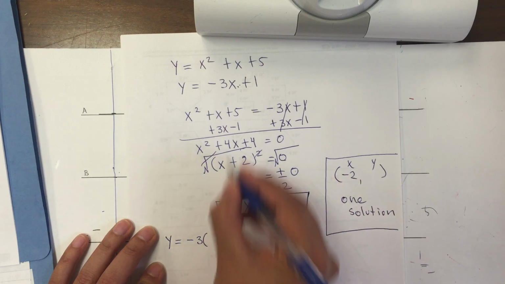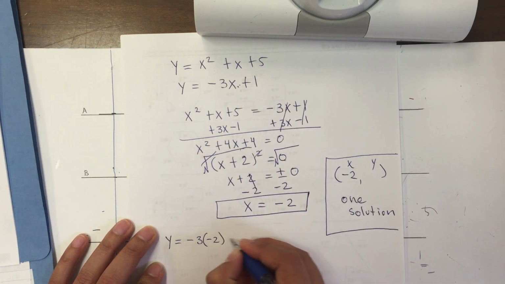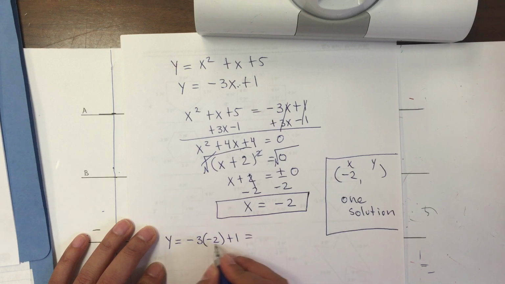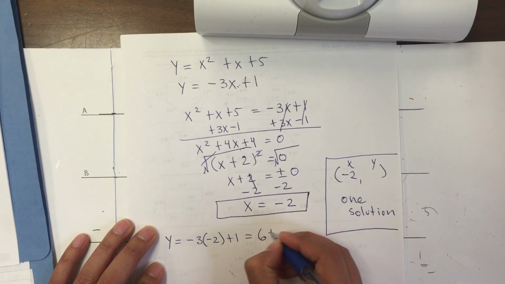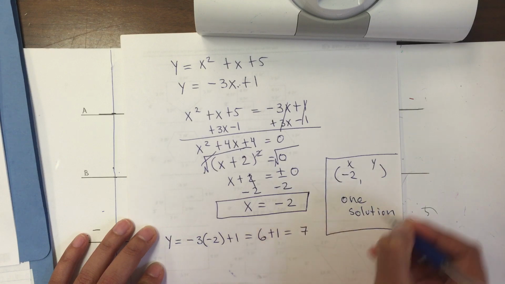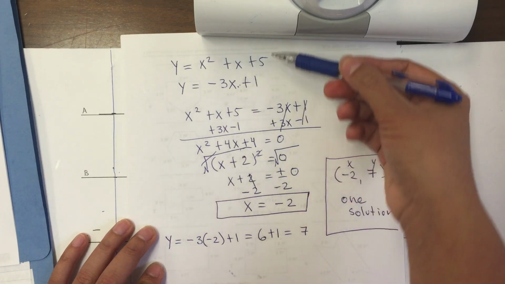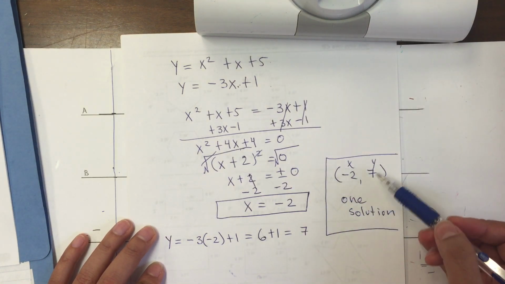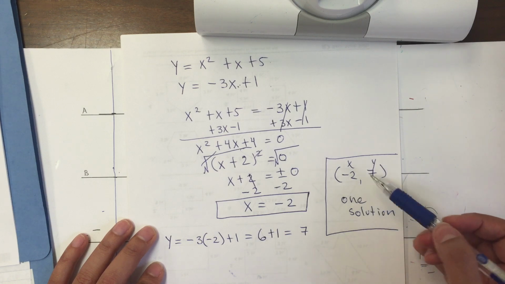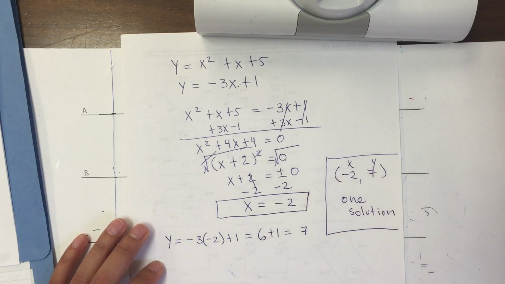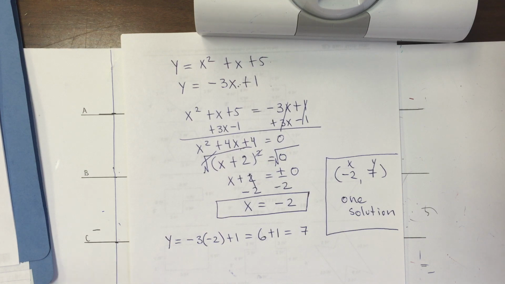So instead of x, I put negative 2: negative 3 times negative 2 is 6, plus 1, which equals 7. That means my two equations will meet only in one place, which is at negative 2, positive 7. Only one solution.